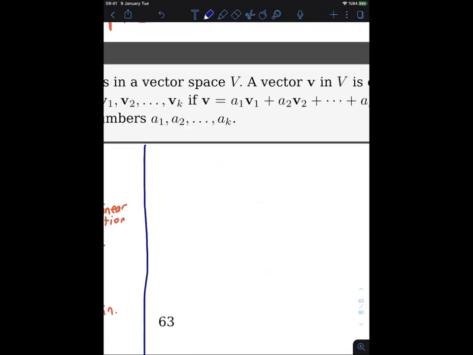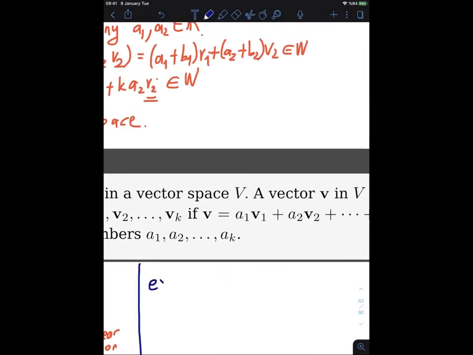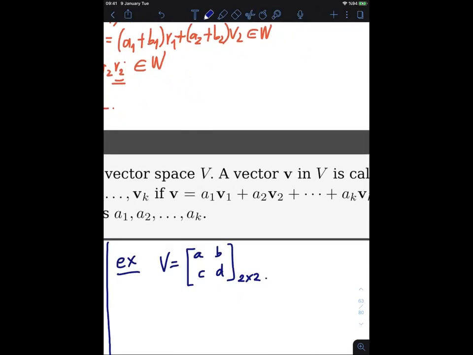This time I will give an example regarding the vector space of 2 by 2 matrices. So this is a vector space. We discussed this in the last lecture. So my question is this.